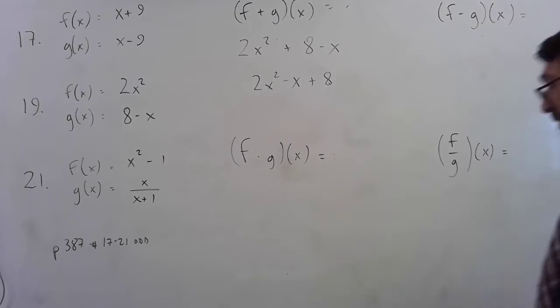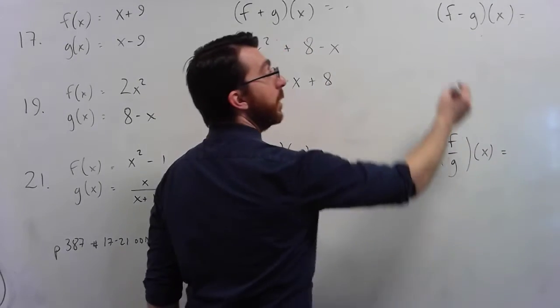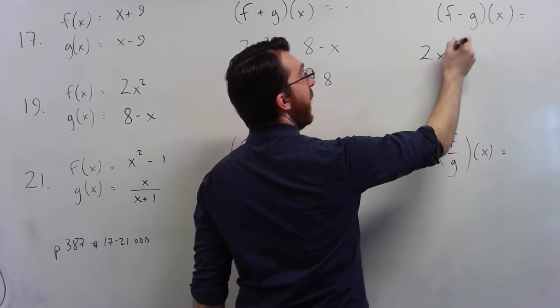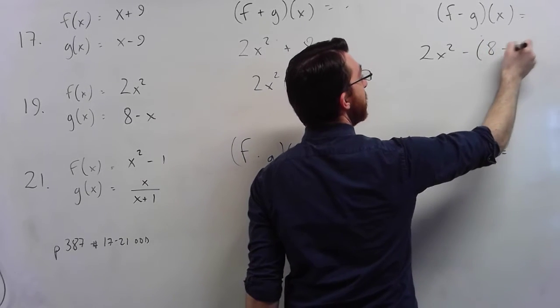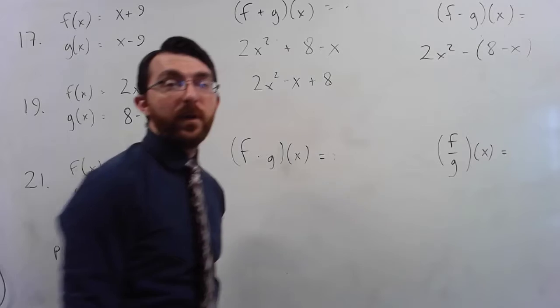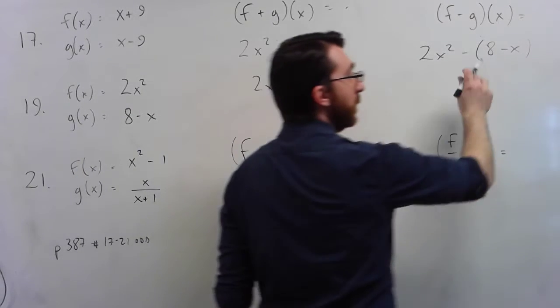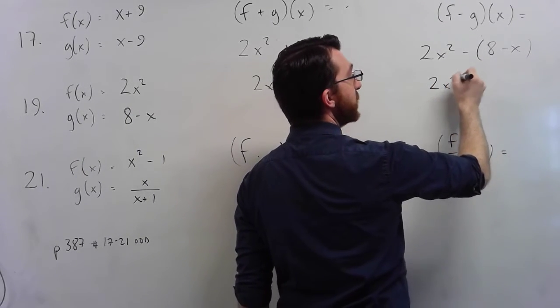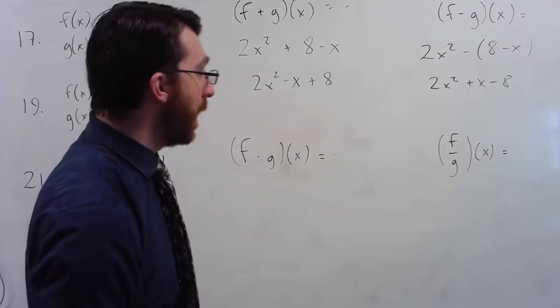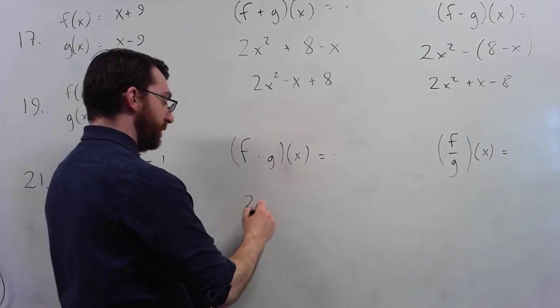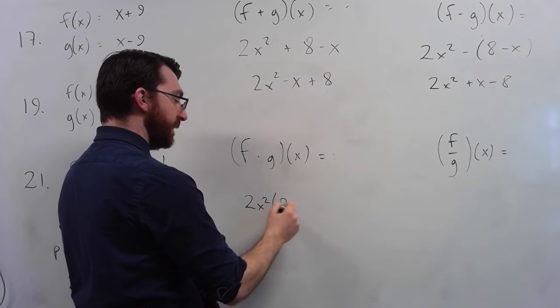For the subtraction, f of x minus g of x. With the subtraction, you've got to be careful. Distribute that. That's 2x squared plus x minus 8. Okay, multiplying 2x squared times 8 minus x.